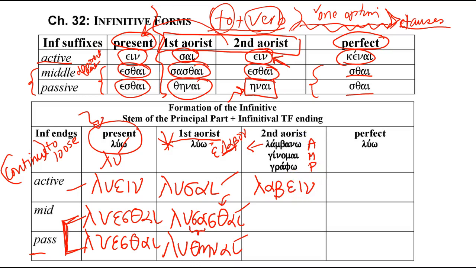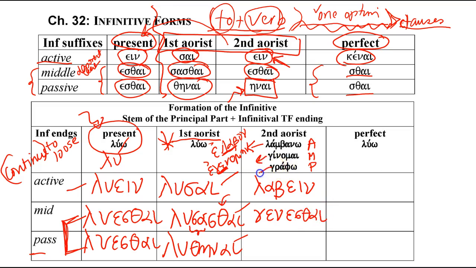So labein is to receive, and then ginomai, its second aorist form is egenomen. So that's its second aorist form. So gen is the stem. So we have gen plus esthai, and that's to become.